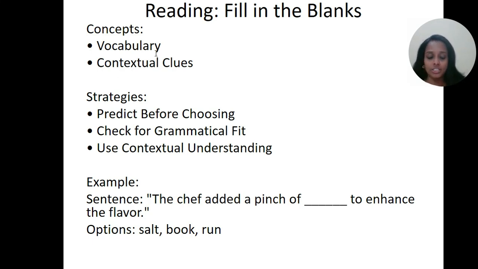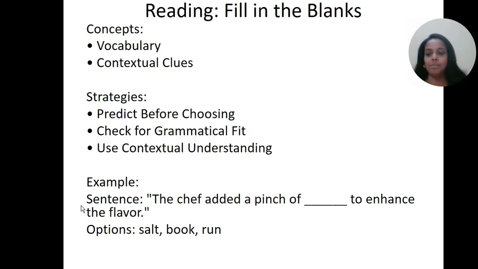And the strategies here are, predict before choosing. So you need to anticipate the word that fits before looking at the options. Okay, and check for grammatical fit. Kindly ensure the chosen word maintains the sentence structure, and use contextual understanding. This is very important. You have to consider the overall meaning of the passage.